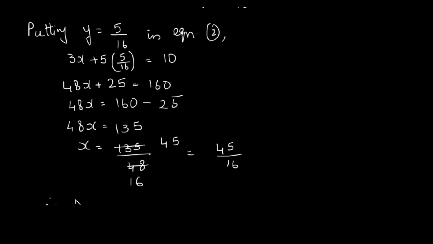Therefore the point B has the coordinates: the y coordinate is 5 upon 16 and the x coordinate is 45 upon 16.